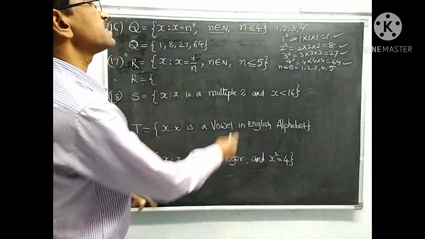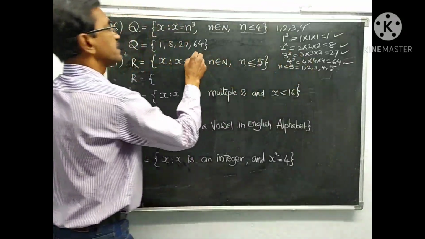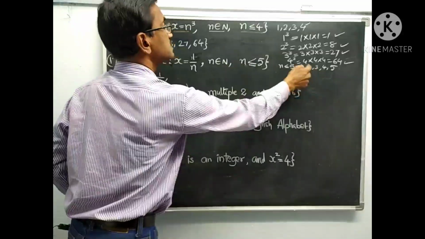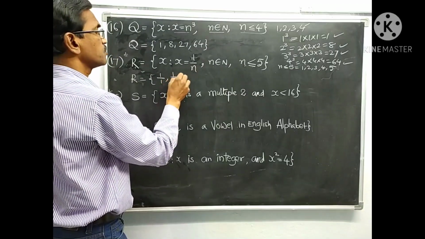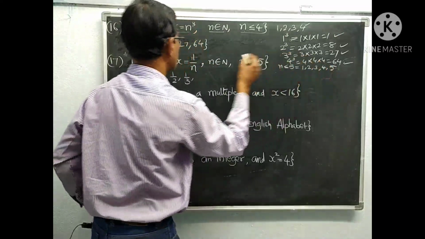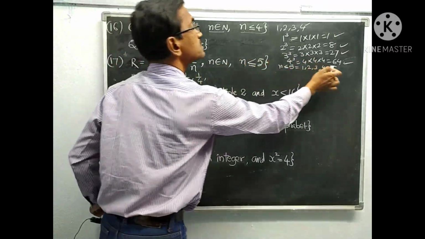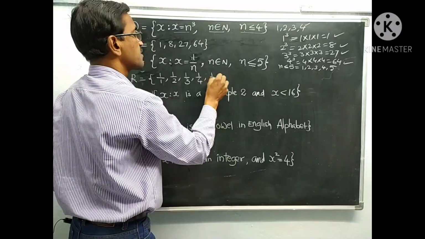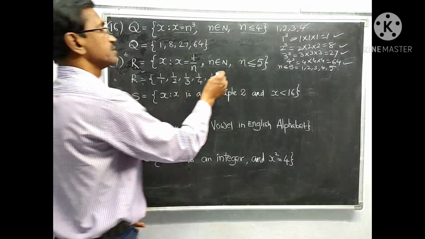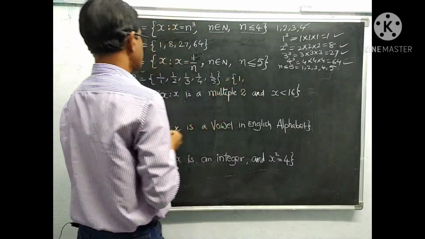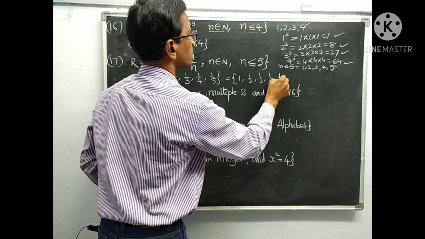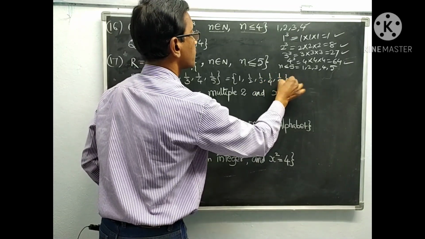If you write n is equal to 1 in the place of n, we get 1 by 1. Next substitute 2, 1 by 2. Next substitute 3, 1 by 3, substitute 4, 1 by 4, substitute 5, 1 by 5. So we can write 1, 1 by 2, 1 by 3, 1 by 4 and 1 by 5.